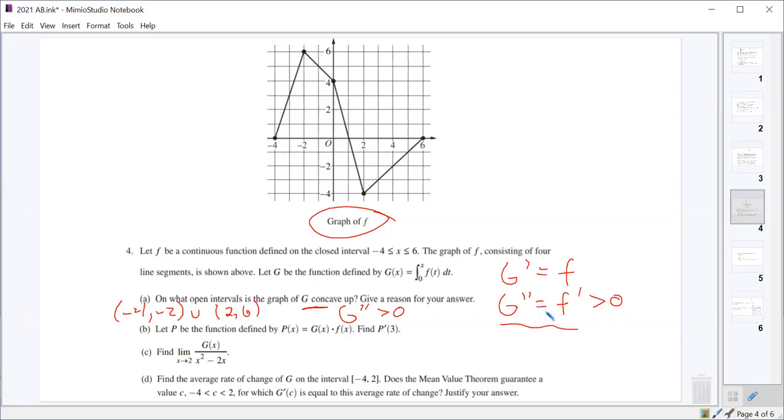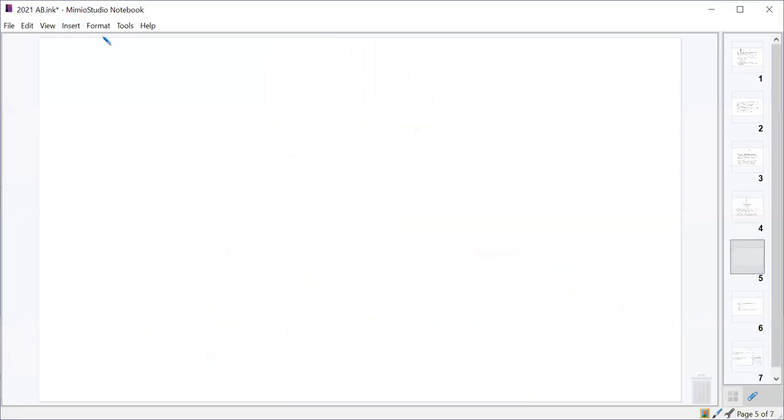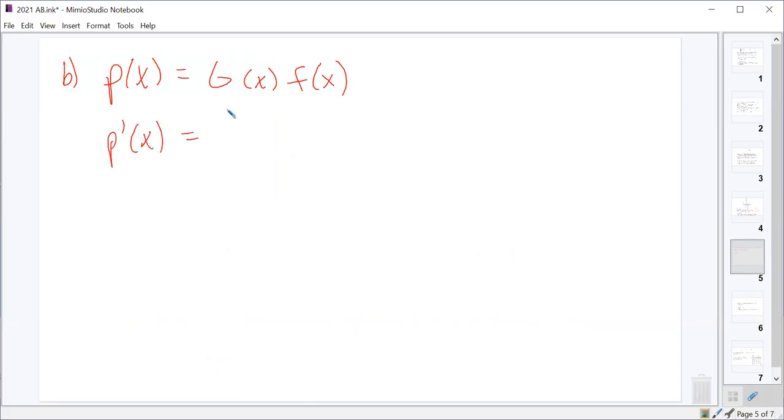All right, for part B, we're going to have a new function, P of x. P of x is G of x times F of x, and we want to find P prime of 3. So if P of x is G of x times F of x, then P prime of x ought to be the derivative of this product of 2 functions. So we use the product rule. It'll be G of x F prime of x plus G prime of x F of x.